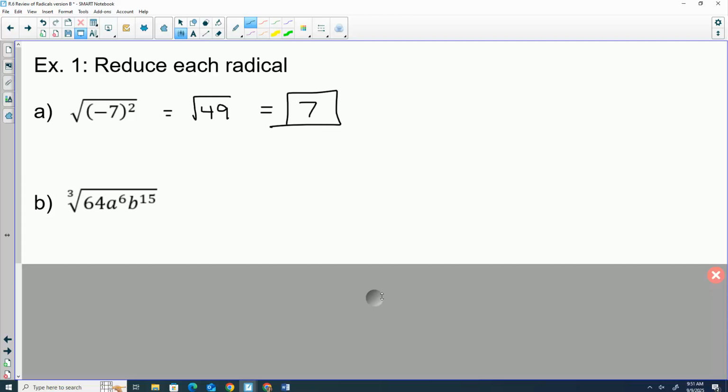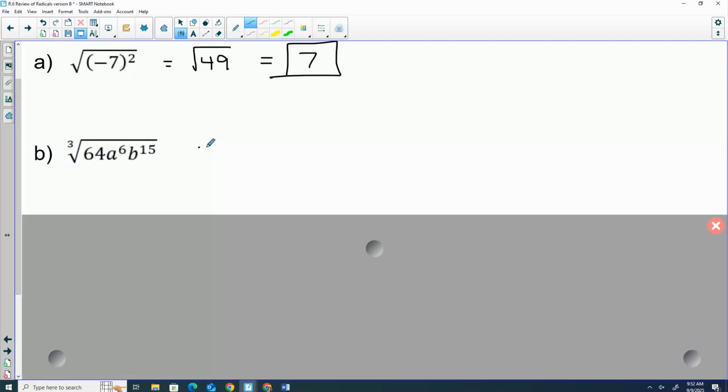If I asked you to do the cube root of 64, a to the 6th, b to the 15th. So what is the cube root of 64? So I need to know what number times itself 3 times equals 64. 4.